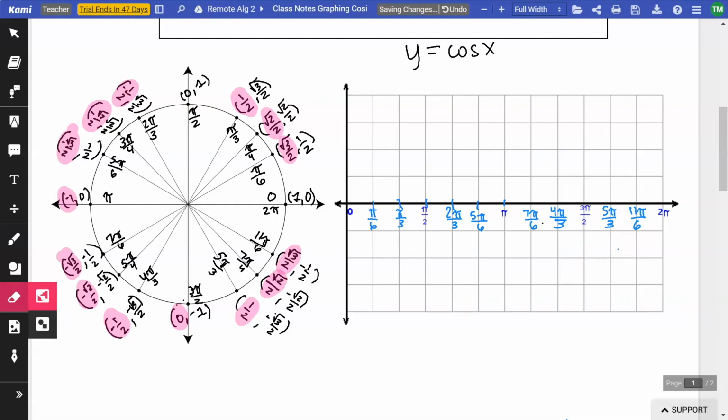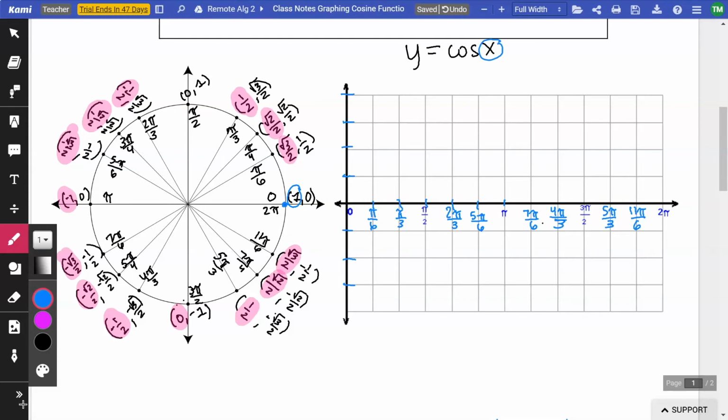So we've got our x-axis all labeled for us. And then when we plug in those radians, when we plug in 0, the cosine of 0 is 1. So let's label our y-axis here. I'm going to count by halves.